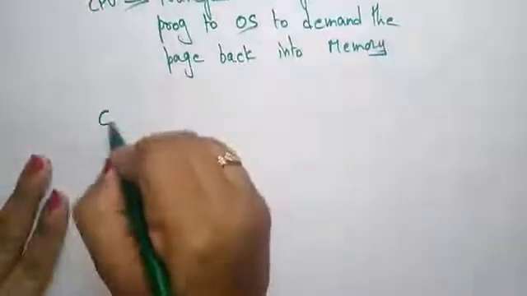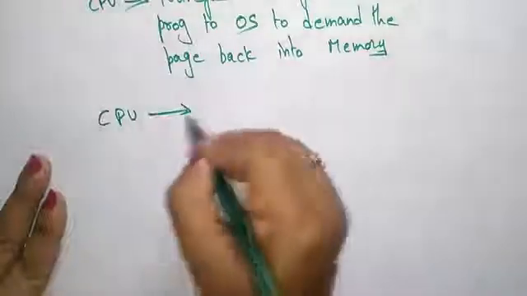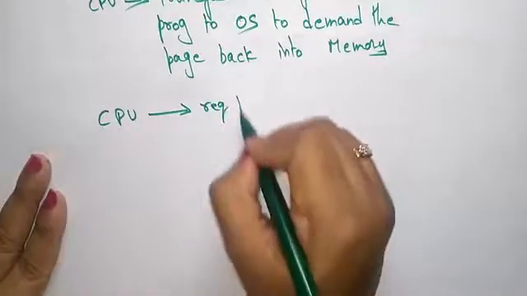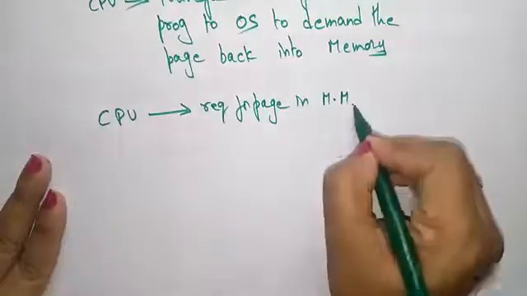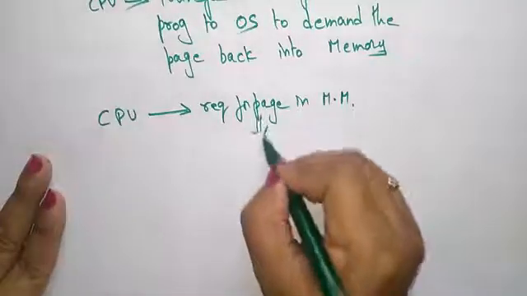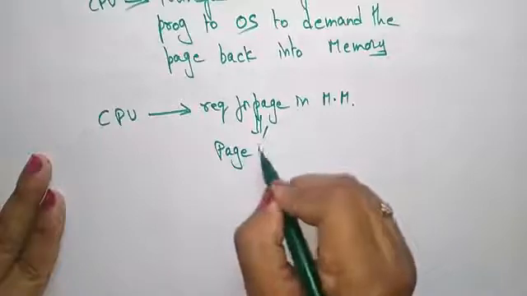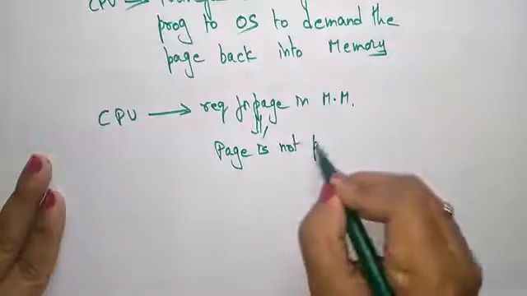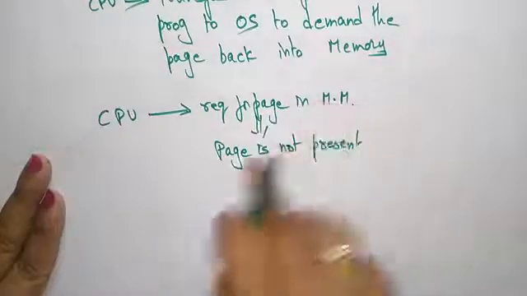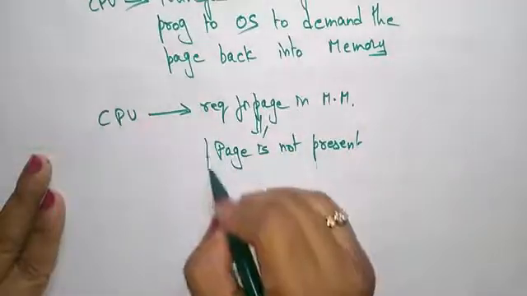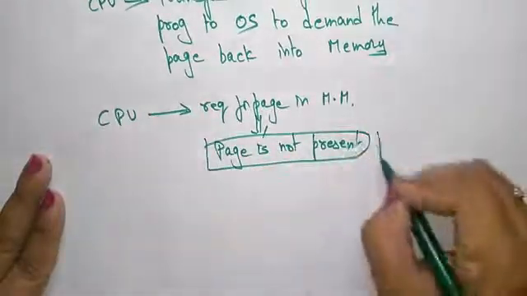Suppose the CPU is requesting a page in main memory, and the page is not present. Whatever the requested page in the main memory, if it is not present, it is called a page fault.